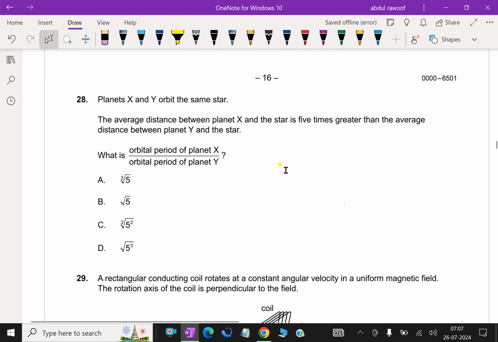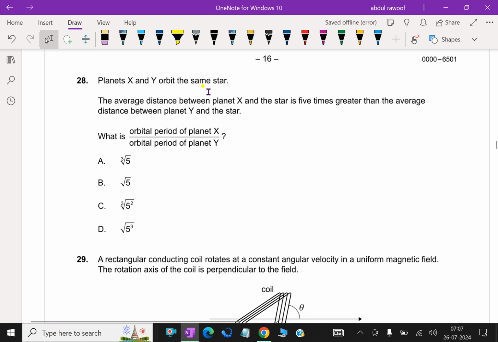Planets X and Y orbit the same star. The average distance between planet X and the star is 5 times greater than the average distance between planet Y and the star. What is the ratio of the orbital period of planet X to the orbital period of planet Y?